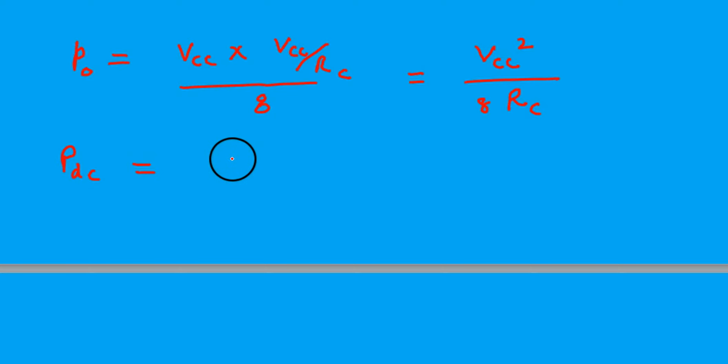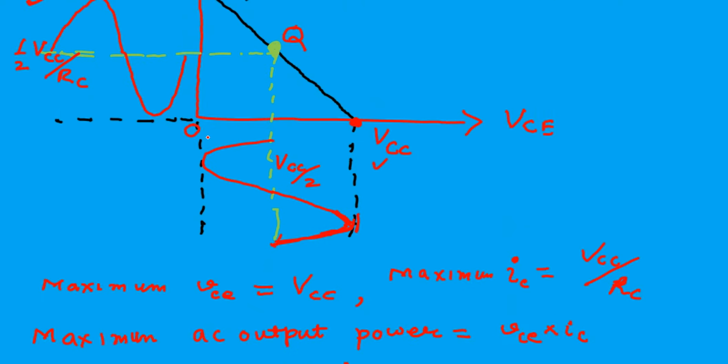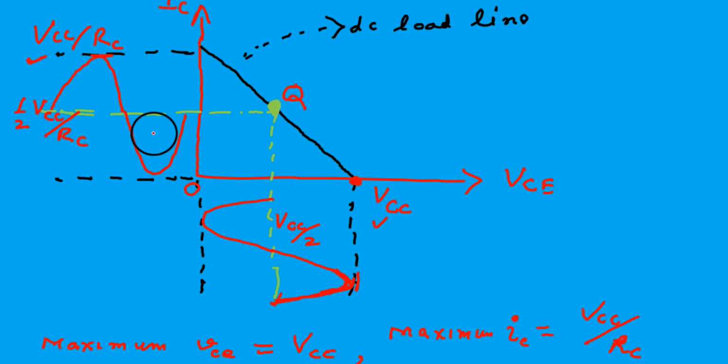That is VCC square by 8 RC, and DC power is VCC into IC. IC is the average value of the collector current, which you look here, is VCC by 2RC. This is the average value, the yellow line.